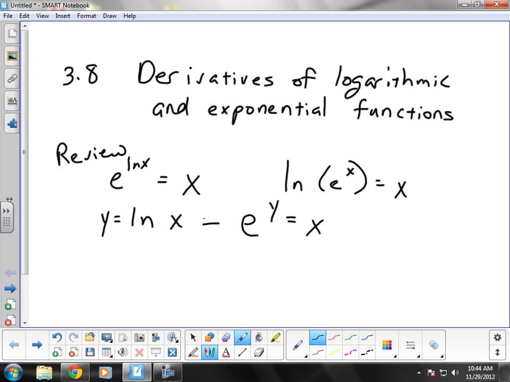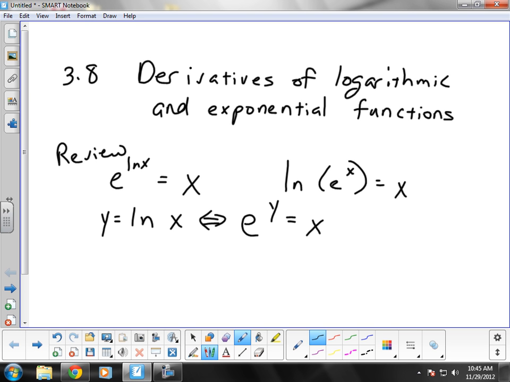These two things are equivalent. That's the definition. You need to have that memorized. If you do not have that memorized, you need to get it memorized. Okay?